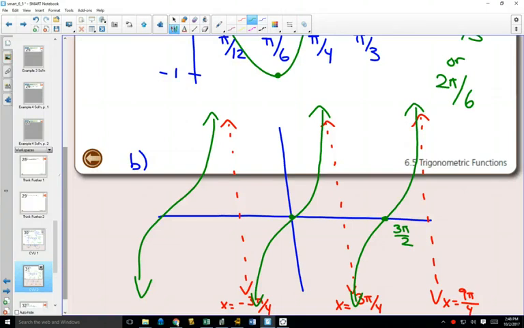Now that we've drawn it, what is the period here? Well, how far is it to go from this asymptote to that asymptote?